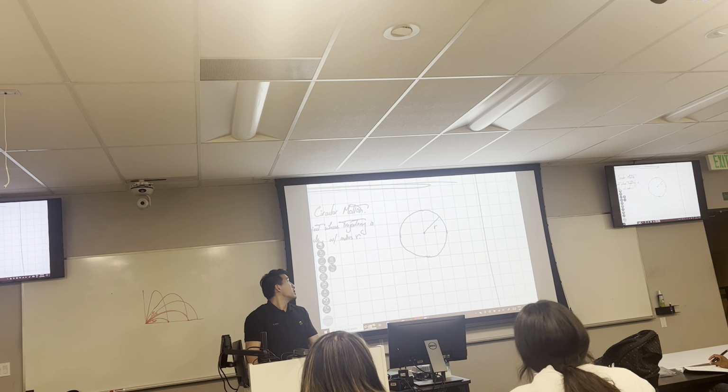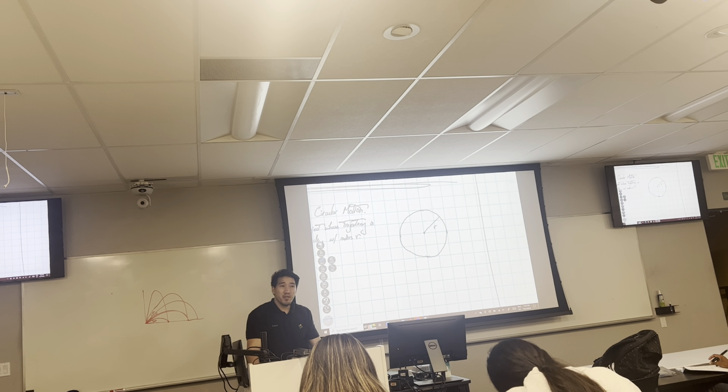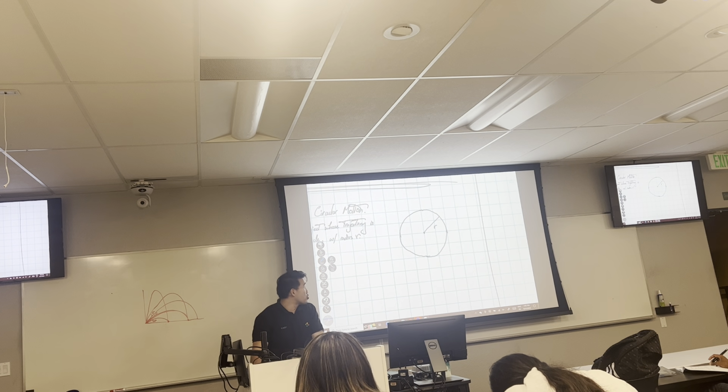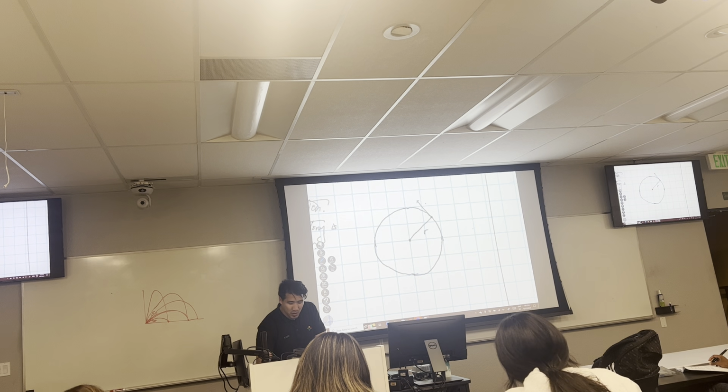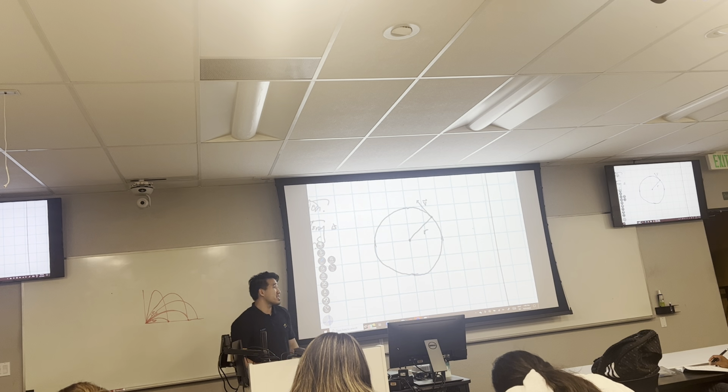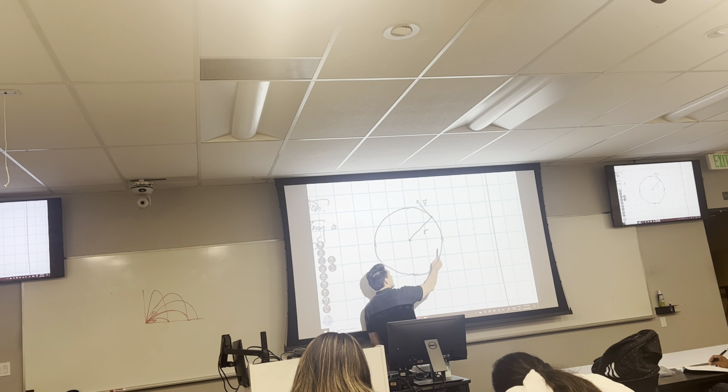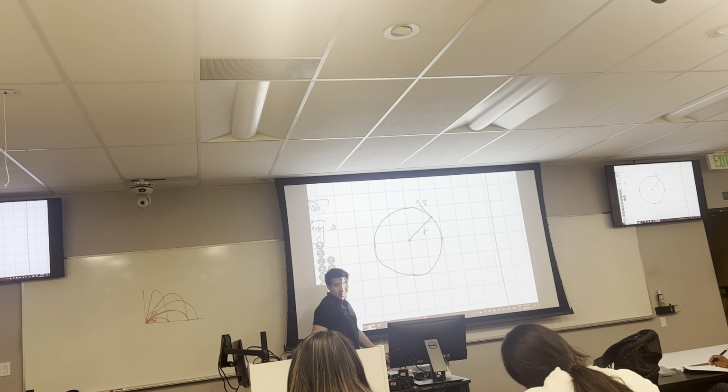Now, when the object is traveling in a circle, we can also draw the velocity vector, and it would be what is called tangent to the circle. It barely touches the circle itself, so it's just smoothly touching.